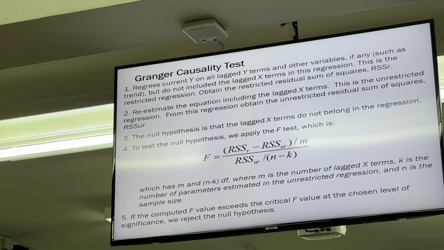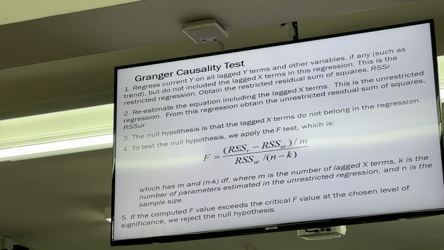The first step, you regress y on all the lag y without the information x. Then obtain the residual sum of squares. This is the restricted model. We obtain the residual sum of squares from the restricted model that I plot in here.